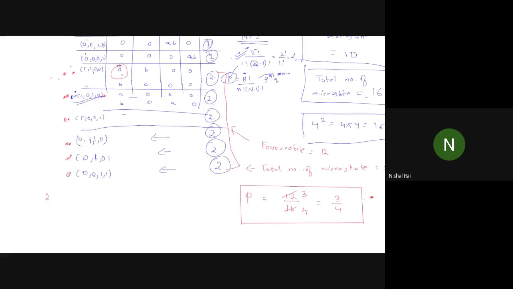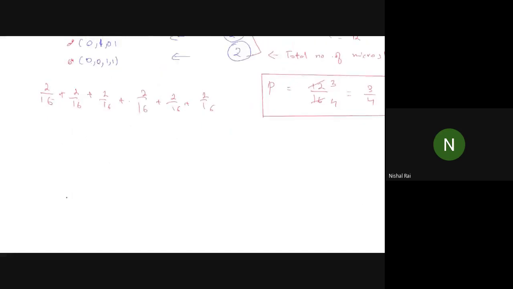For the first one, it's 2 divided by the total number of microstates, 16, plus 2 divided by 16 for another one. But how many do we have? 1, 2, 3, 4, 5, 6. 2 by 16, 2 by 16, 2 by 16. Now if you add all of this, how much will you get? 6 times 2 by 16. 2 8s are 16, 2 4s are 8, 2 3s are 6. Exactly 3 by 4, whatever you were getting previously. Clear? So you can do this in either way.